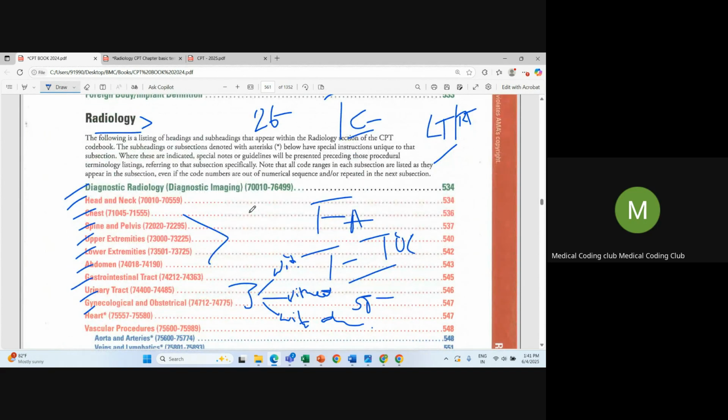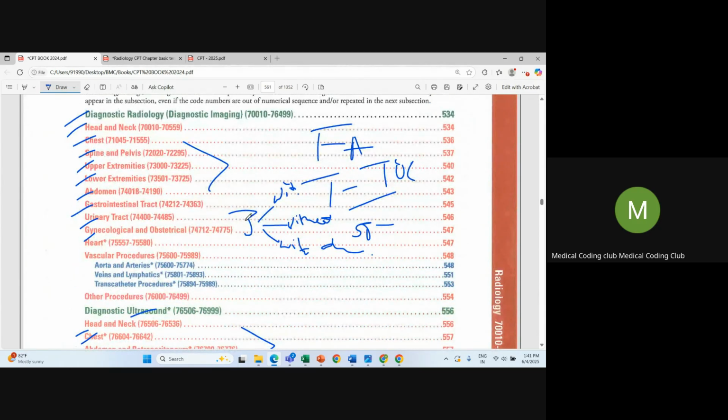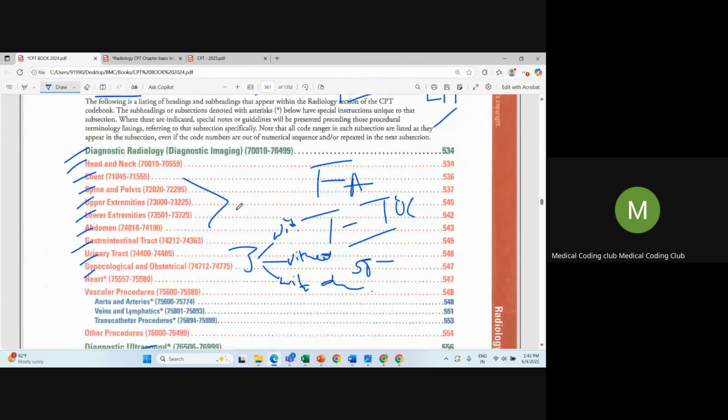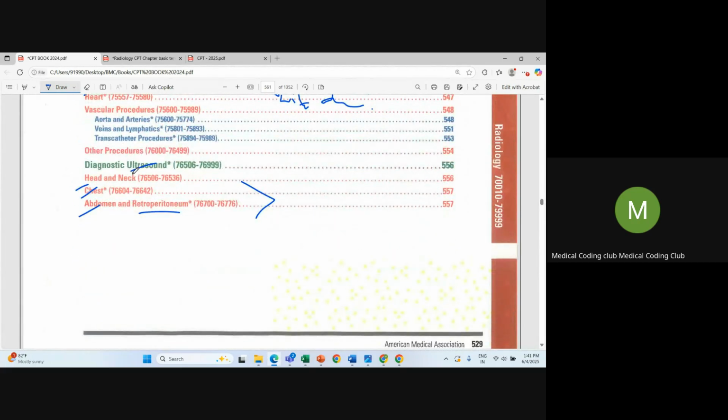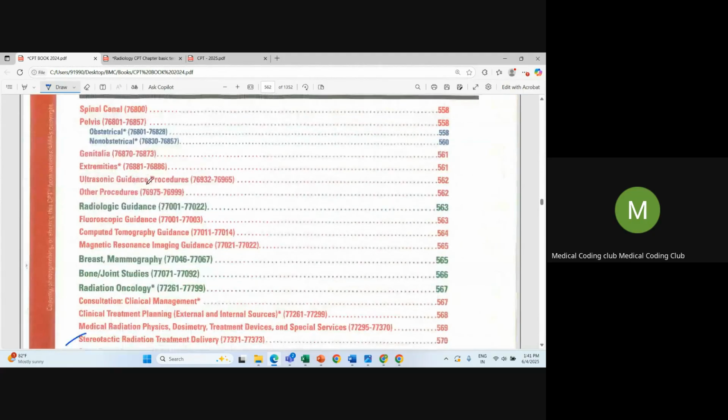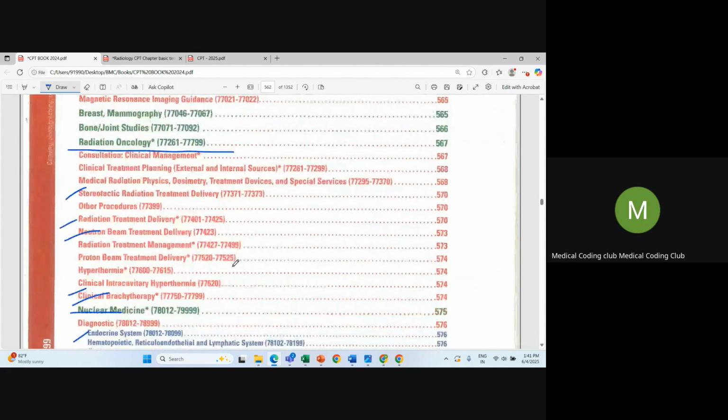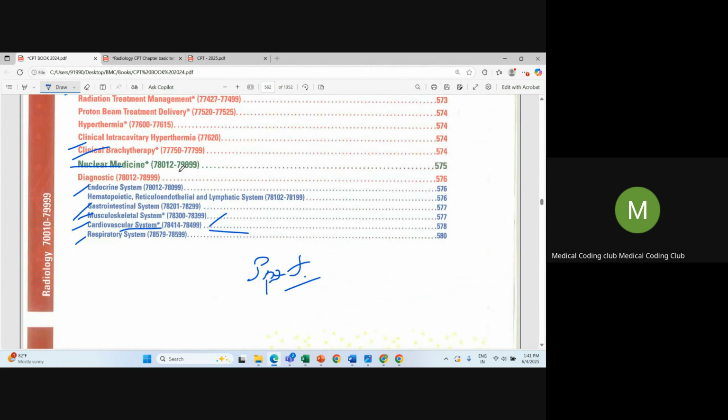Okay, so to study section by section, take 1 day for diagnostic radiology and ultrasound, and 1 day to study radiologic guidance up to radiation oncology, and lastly you can keep nuclear medicine as a reference.